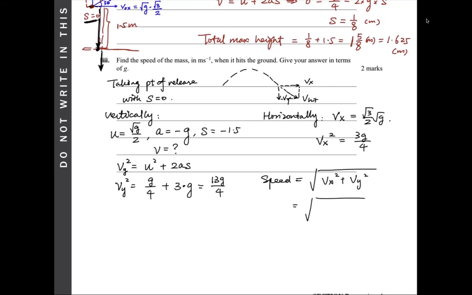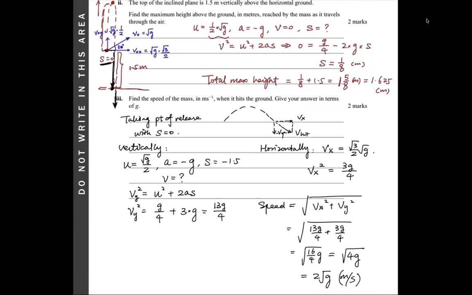So we actually get √(13g/4 plus 3g/4). Well, this is √(16g/4), so it should be √4g, or 2√g meters per second, okay? So that is the answer.